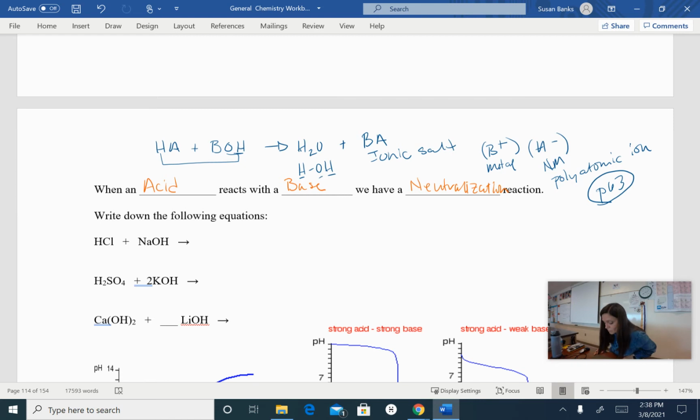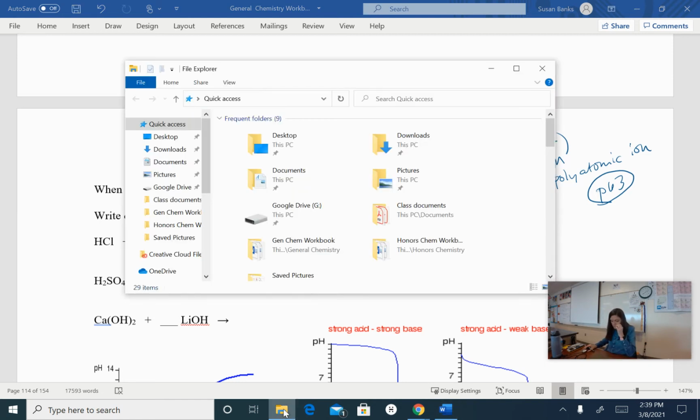So we want to write down the following equations, which means that we are going to have to, 1, predict what's going to be made, and we're going to have to write formulas. And it's been a long time since we've written formulas, which means we're also going to have to be aware of the charges that we have. Okay, so let me get up our periodic table, because we're definitely going to want our periodic table here.